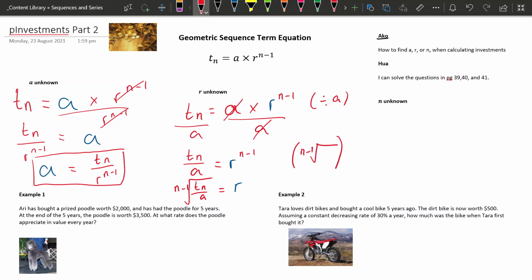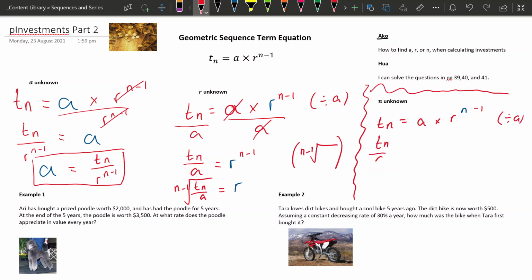Alright, finally, if n is unknown, there's only one question in the exercise where n is unknown and it's very annoying, but it's still worth going through. It's annoying because it's simple, but it just requires some guess and checking. So if n is unknown, well, same like always, let's divide both sides by A. So we're going to have Tn over A equals Rn minus 1.